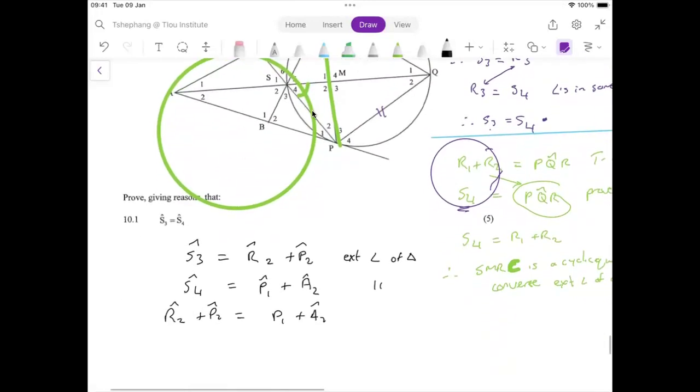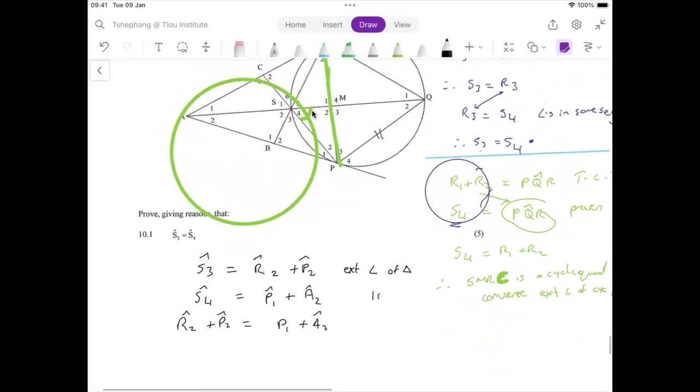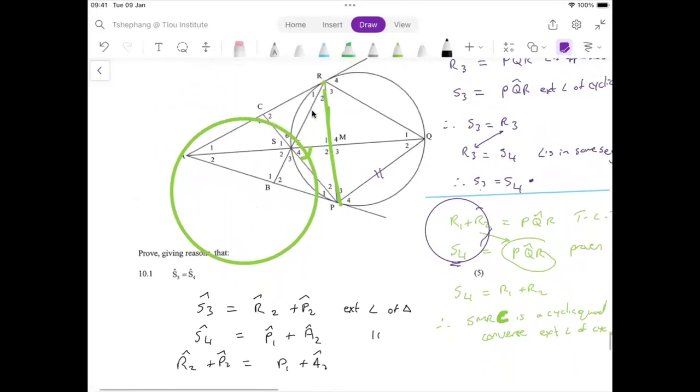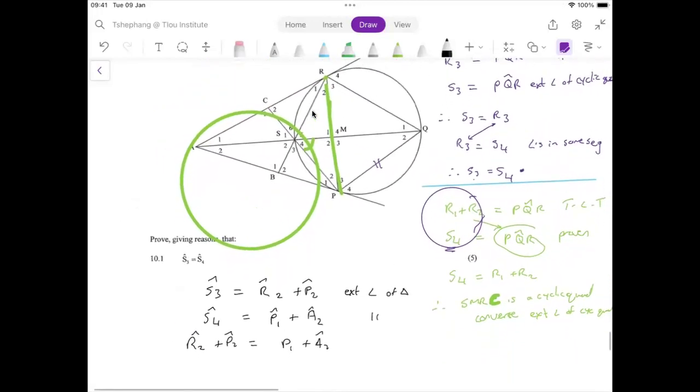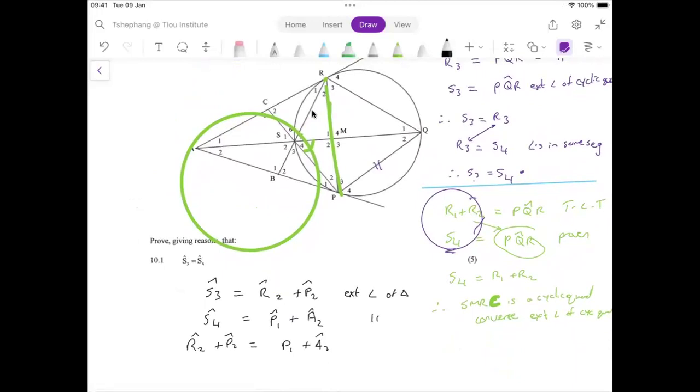Okay. Now, the other thing that we need to remember, looking at the diagram there, let me just zoom out a little bit. We can conclude that P1 is equal to R2. That is the tan chord theorem.